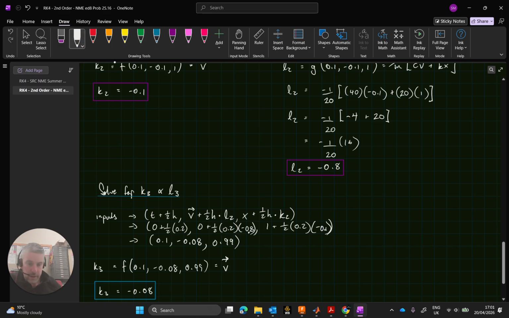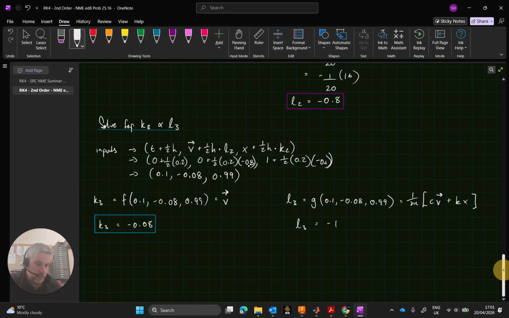Now, L3 is equal to my g function using the same inputs of 0.1, minus 0.08 and 0.99. That's equal to 1 over m multiplied by c times v plus k times x. So L3 is equal to minus 1 over m, where m is 20.